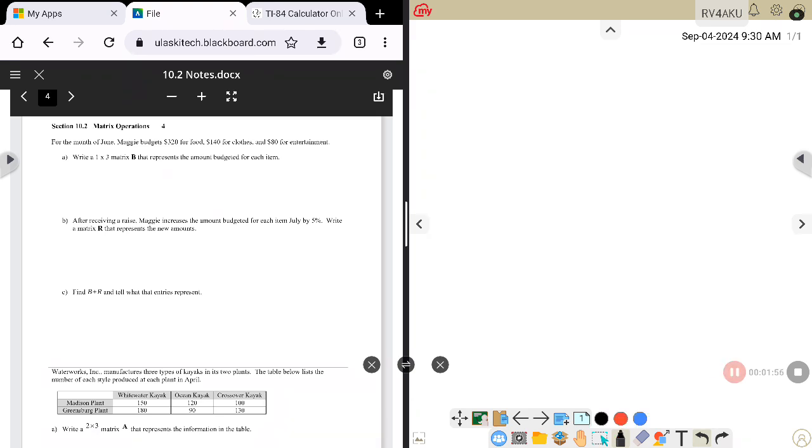All right, in this example, it says for the month of June, Maggie budgets $320 for food, $140 for clothes, and $80 for entertainment. It says to, first of all, write a 1 by 3 matrix, we're going to call it B, that represents the amount budgeted for each item.